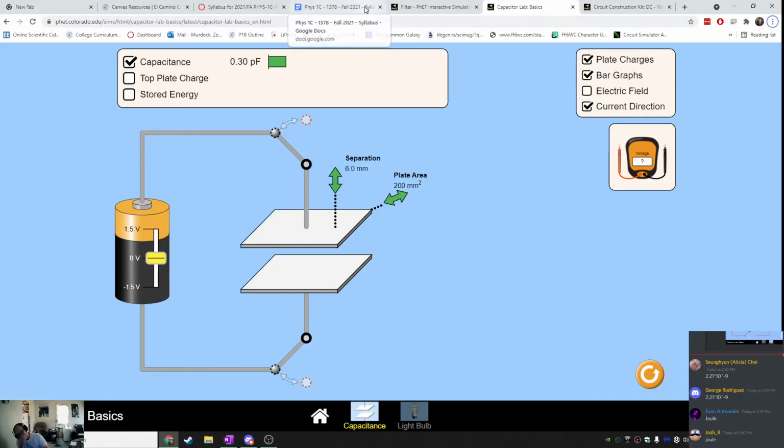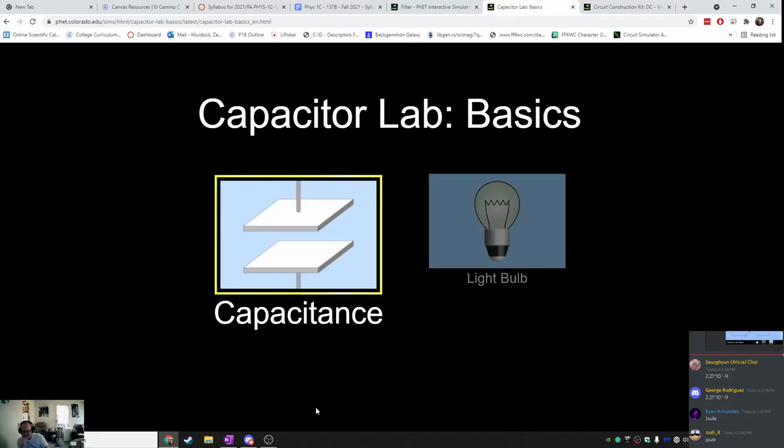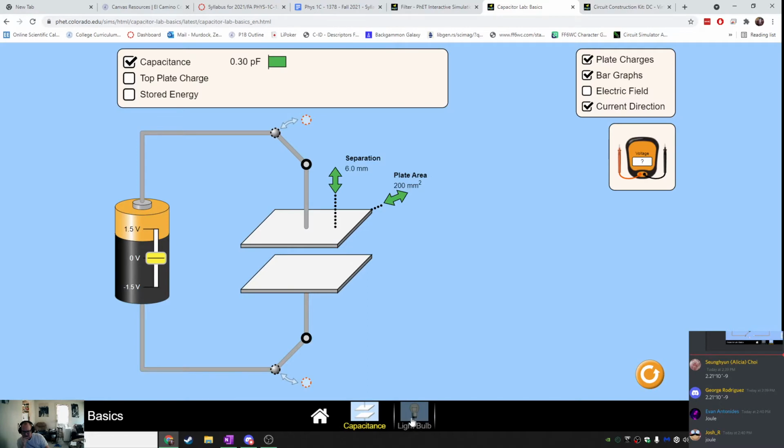So, right here we have this PhET simulation, and we're going to do... Is this the one where I could do multiple capacitors? I don't think I can. Can I? What is this one?